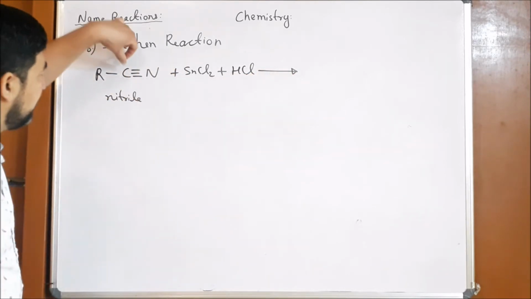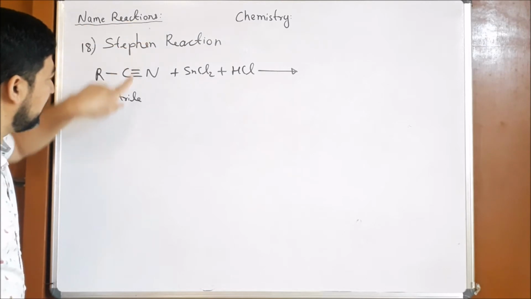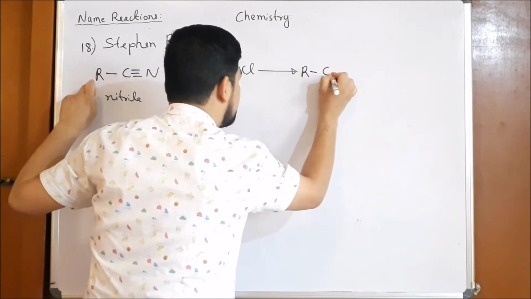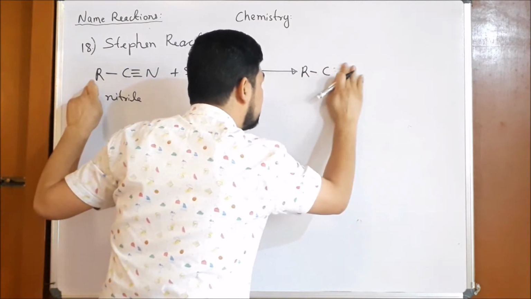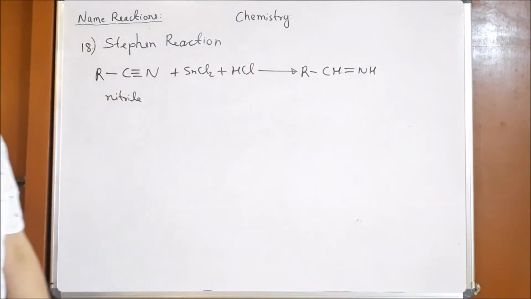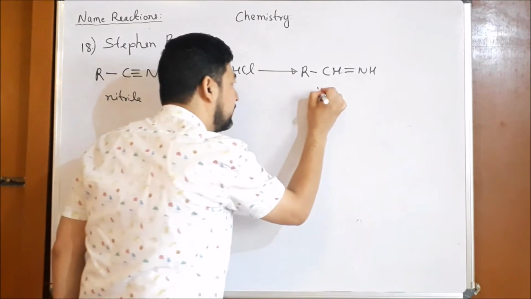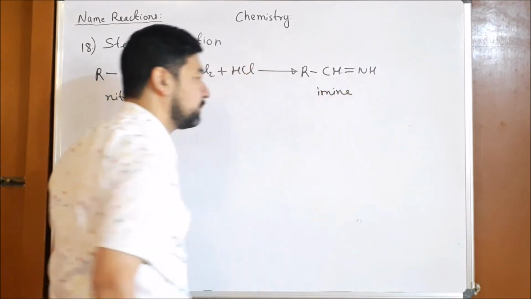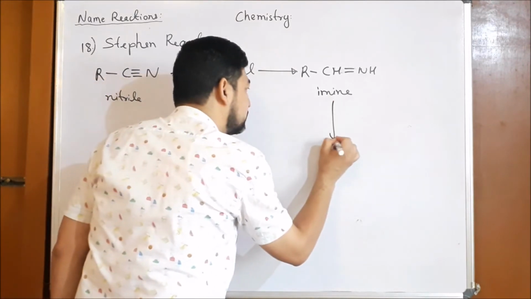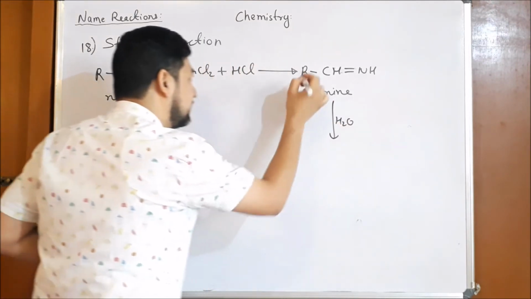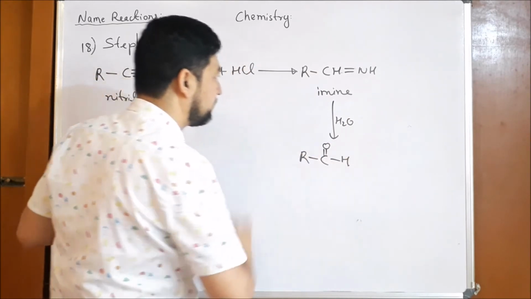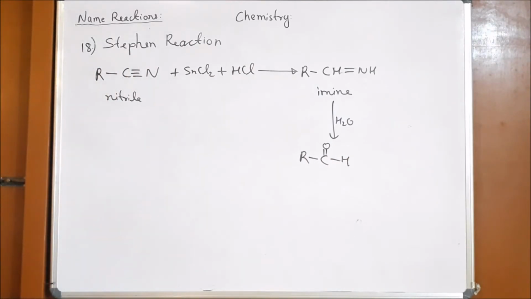Remember, you have to remove one bond from here, and one H will come here and one H will come here. So R, CH double bond NH. This is known as imine, I-M-I-N-E. When this imine is further treated with hydrolysis, then it forms the corresponding aldehyde group. This is known as the Stephen reaction.